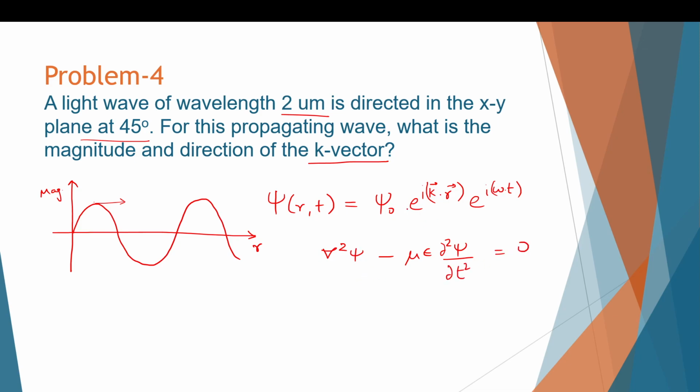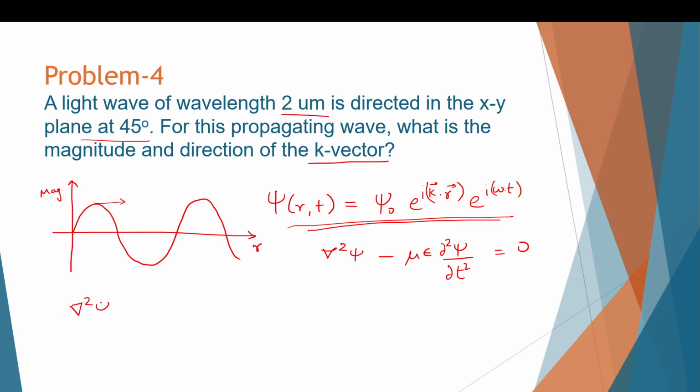So we can just put it in this and see what are the conditions that the k and omega should satisfy, so that the oscillation equation that I just mentioned here is actually a wave equation.